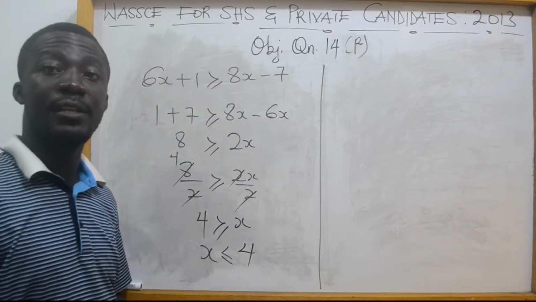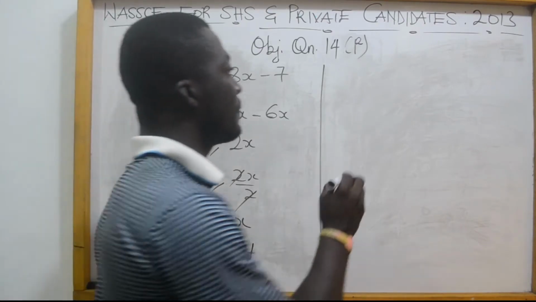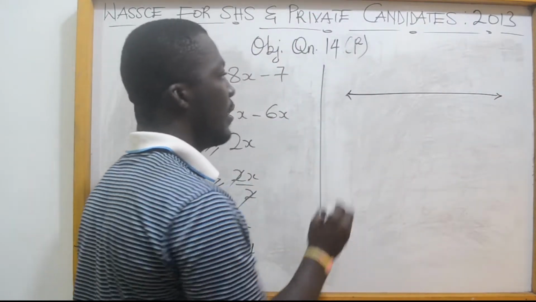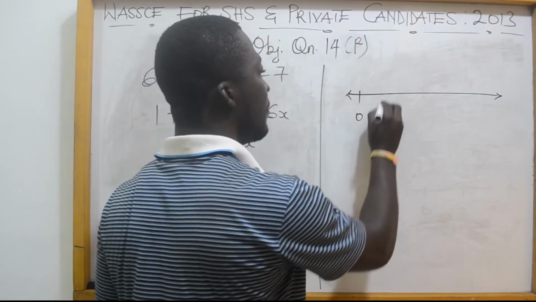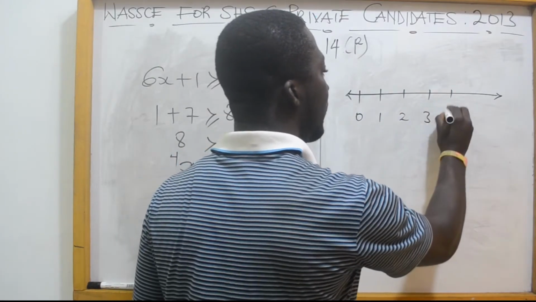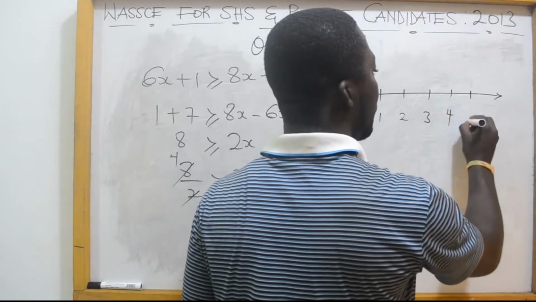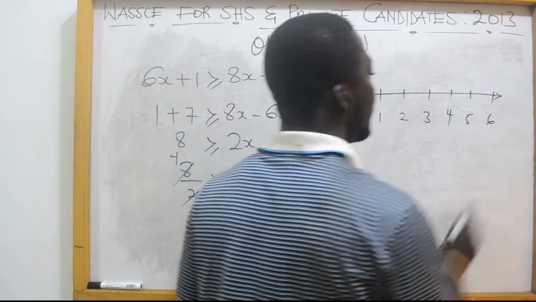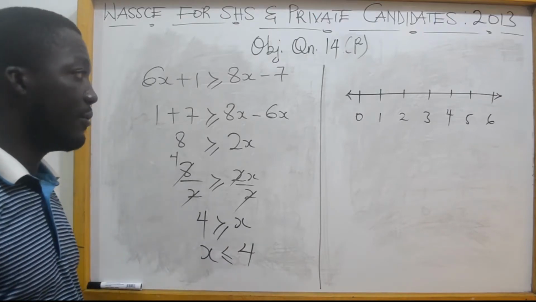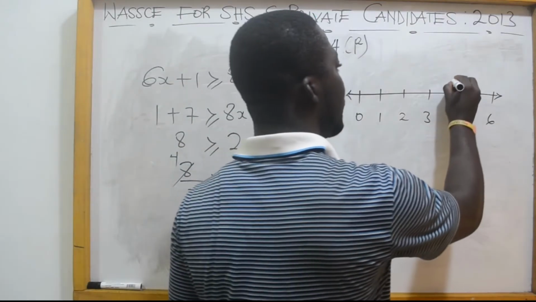Now let's represent it on the number line. We have this line beginning from 0, 1, 2, 3, 4, 5, and 6. So we locate 4. This is 4.